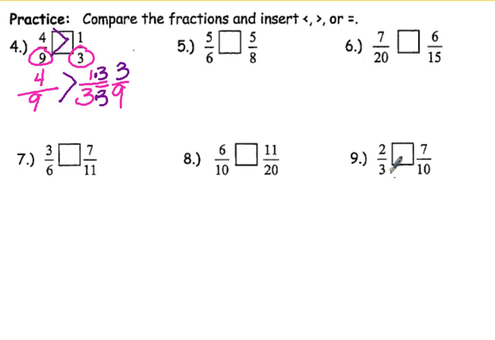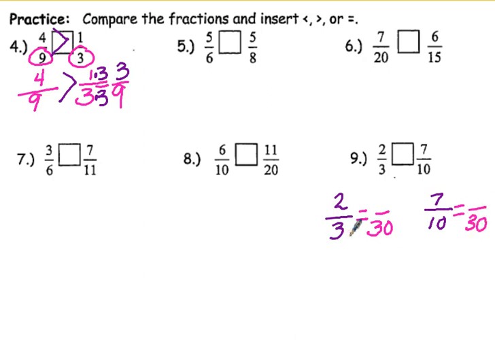Let's try it down here with 3 and 10. 2/3 and 7/10. So we need the least common multiple of 3 and 10. So that would be 30. So we're going to have to convert 2/3 and 7/10. We're going to have to change both of those to 30ths. Now use your knowledge of equivalent fractions.